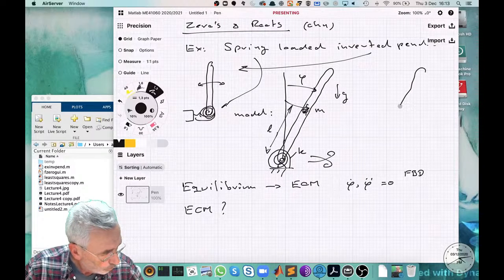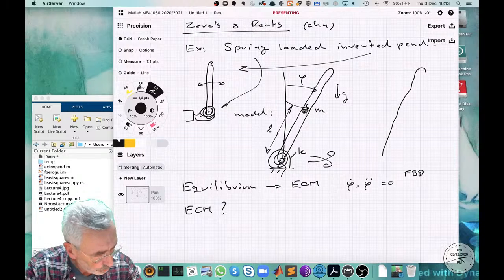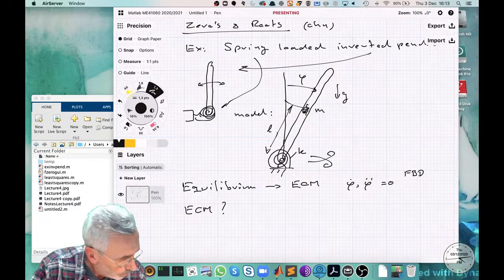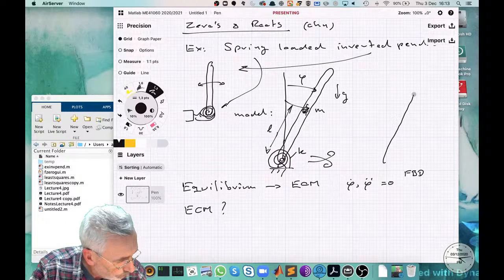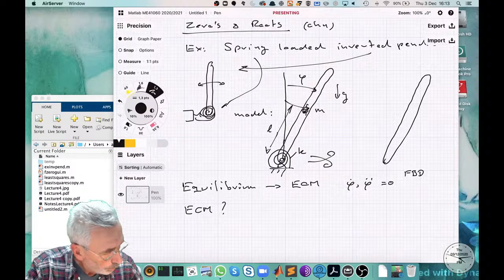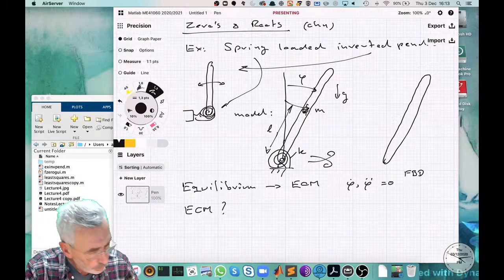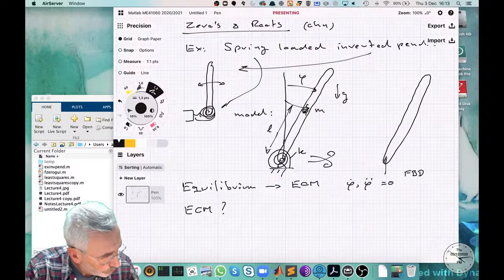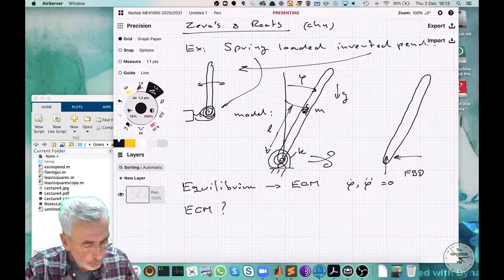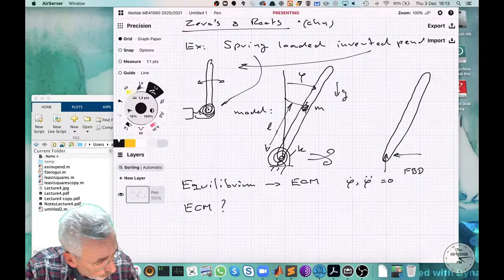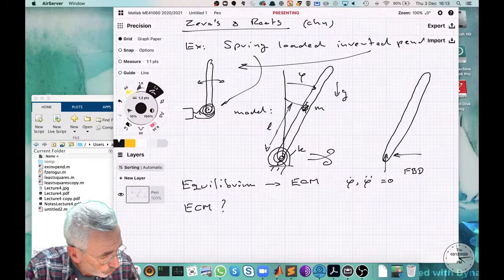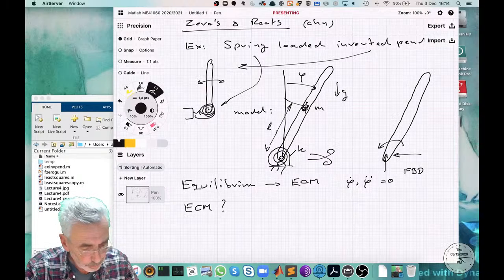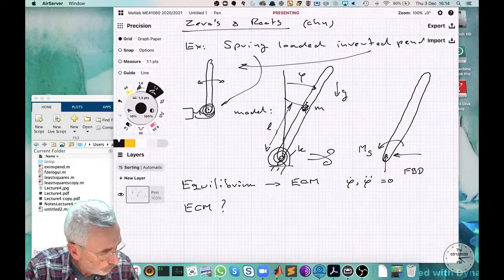And here we get the free body diagram, so we have our body isolated, we have forces here. Of course, we cut it through the spring, so we also have some torque here from the spring. So we have a Ms, we have an Fx, we have an Fy.